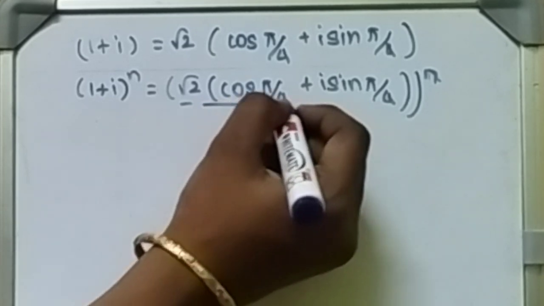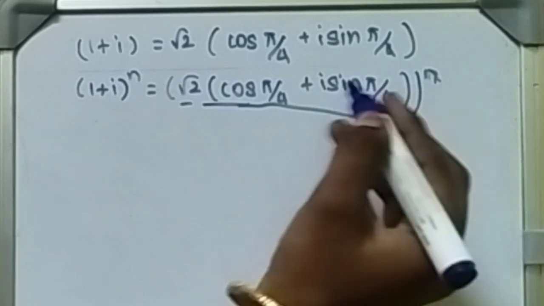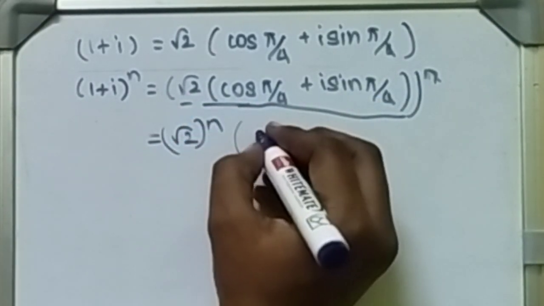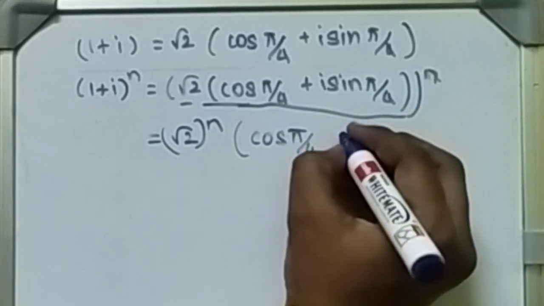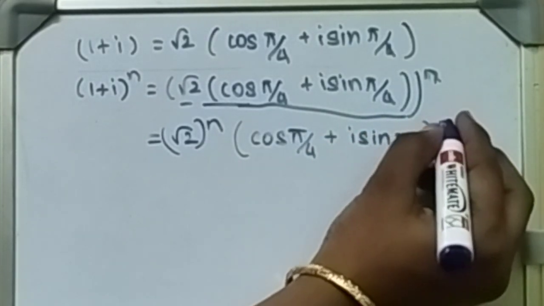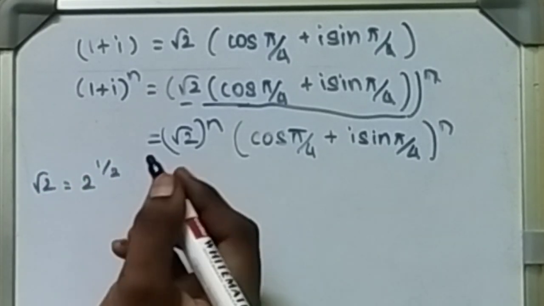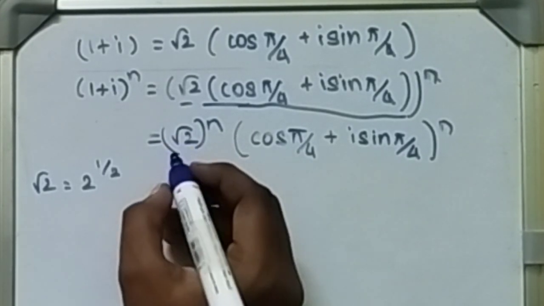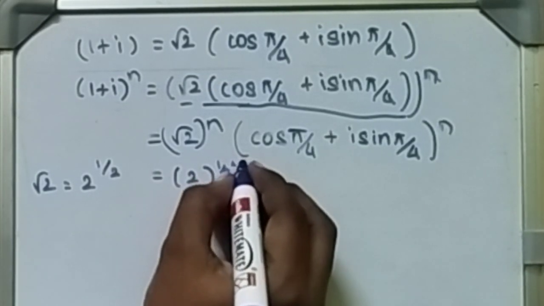So these two terms are in multiplication, so we can apply the powers separately. So it will be root 2 power n, and here it is cos pi by 4 plus i sin pi by 4 power n. We can write root 2 as 2 power 1 by 2. Clear? Clear. So it will be 2 power 1 by 2 multiplied by n.